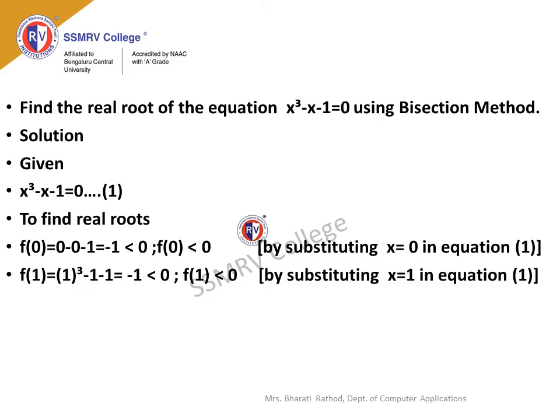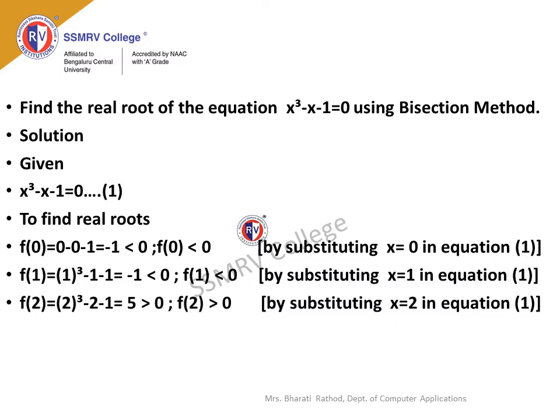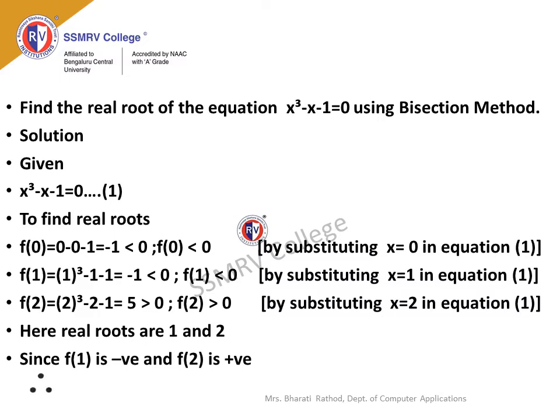Now, to find a positive root, consider x = 1 and substitute in equation 1. Hence, f(1) = −1. Again, it is negative. Consider x = 2 and substitute in equation 1. So f(2) = 5, which is greater than 0. Hence, we got the positive root. Now, consider the contiguous numbers 1 and 2, negative and positive respectively. So the root lies between 1 and 2.